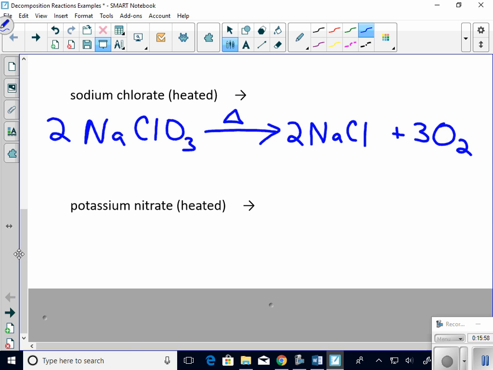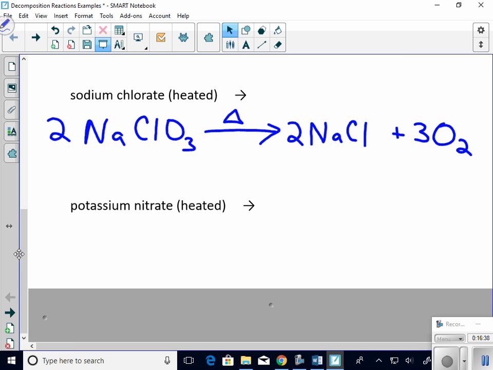What is the special situation? It says, except group 1 below lithium. So, if we look on our periodic table, sodium, potassium, rubidium, cesium, francium, it's different, isn't it? Do we have one of those? Yeah, we have potassium. So this is the exception to number 4.